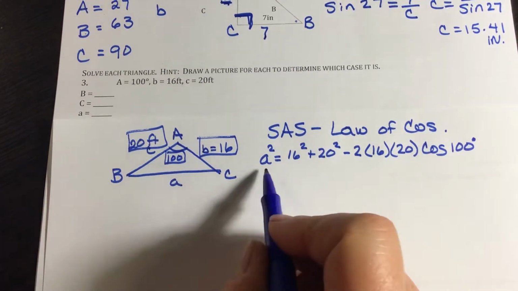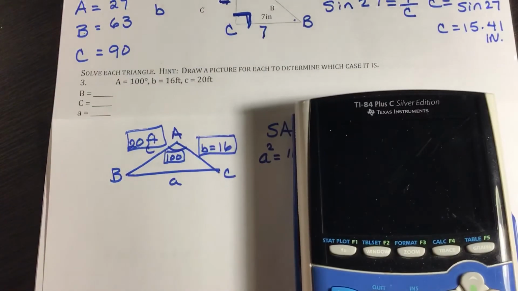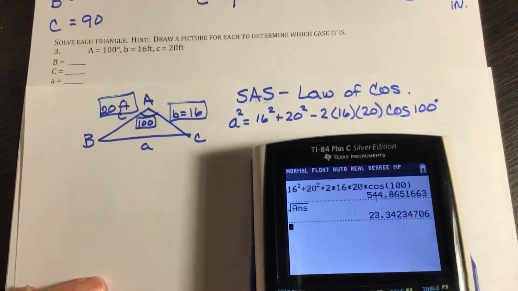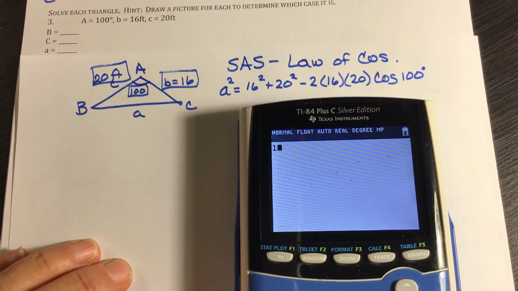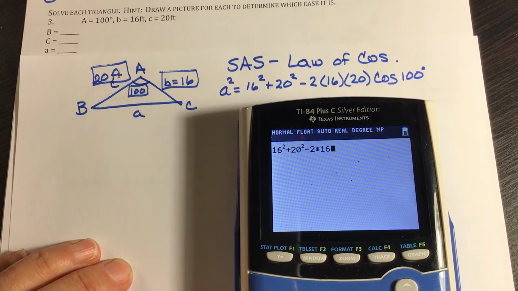To find A squared, I need to put all of that into my calculator. So I have 16 squared plus 20 squared minus 2 times 16 times 20 times cosine 100.